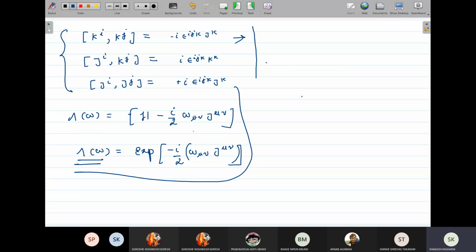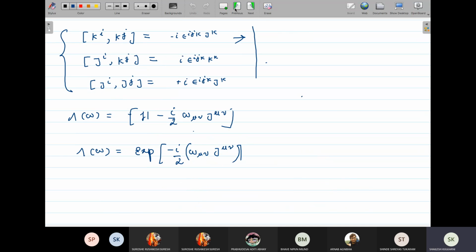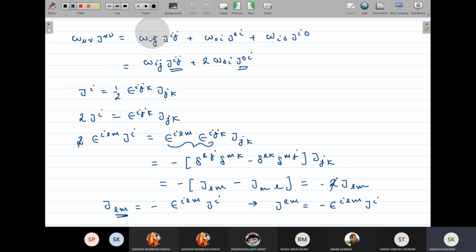So this is the form of the Lorentz transformation, and you can go back and see what happens for a particular Lorentz transformation, how one can write this matrix, this Lambda(omega). Maybe this part I will redo a bit. I think I need to do some algebra.